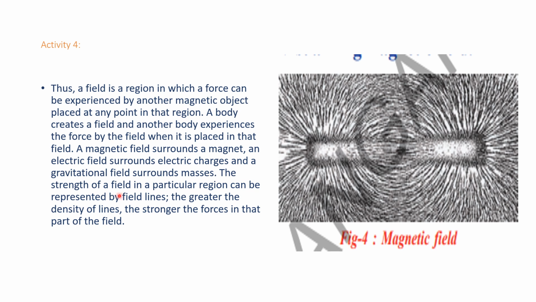The strength of a field in a particular region can be represented by field lines. The greater the density of lines, the stronger the force in that part of the field. Here see what they are saying: the strength of any field, whether it may be magnetic, electric, or gravitational, will be represented in a particular region with the help of field lines.